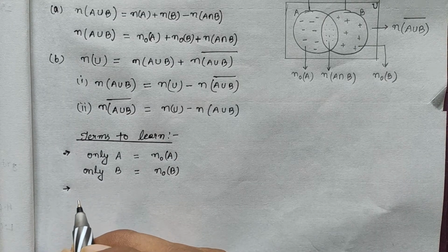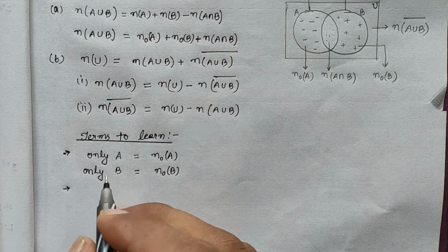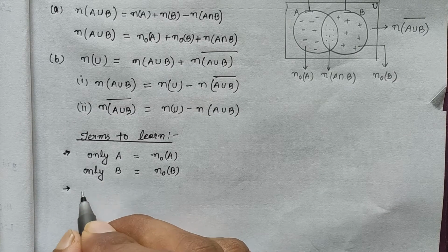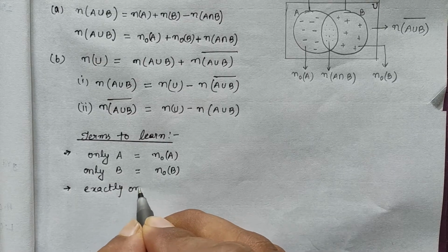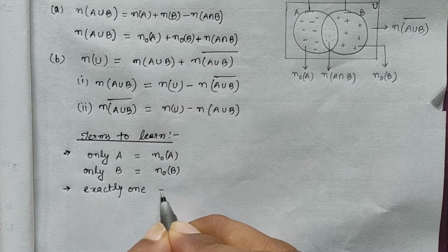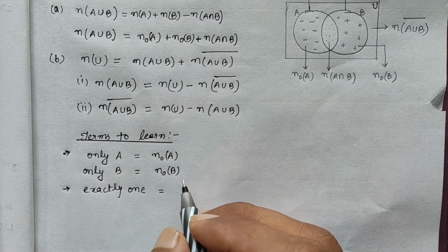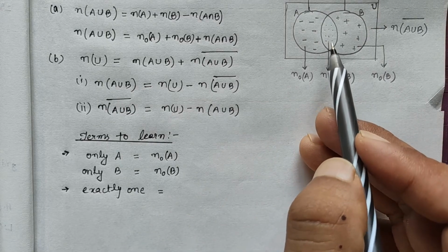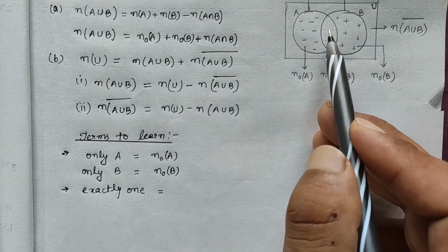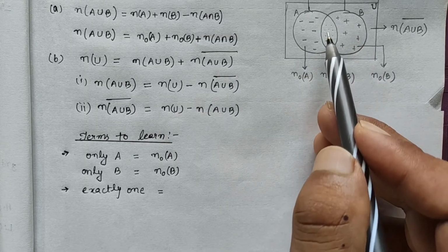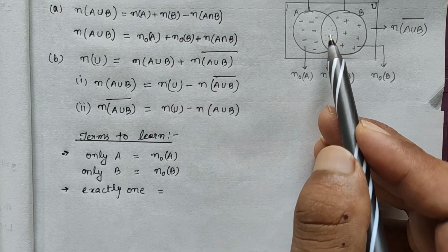If in a question it is given that you have to find exactly 1, then you have to do exactly 1. This intersection means the part that is both in A and in B, the common part.